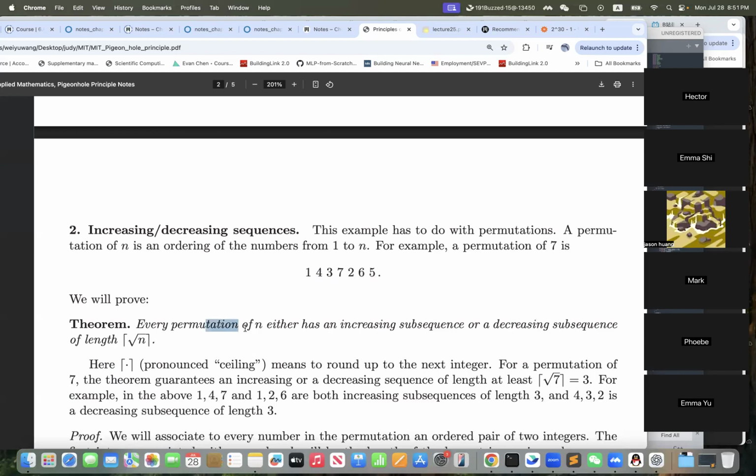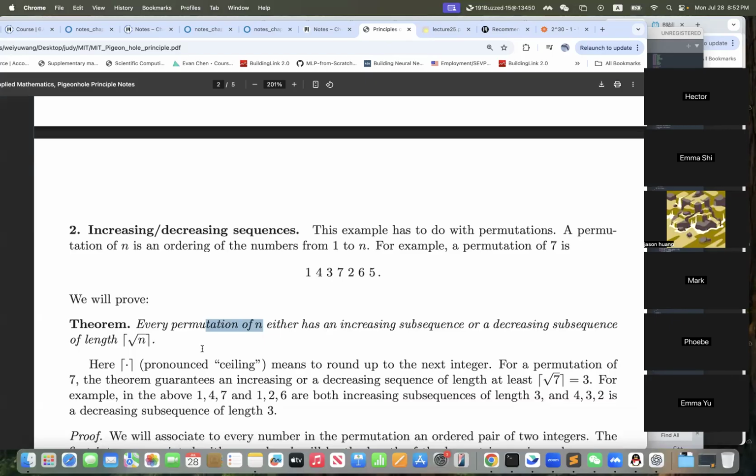So the problem is trying to prove that there exists an increasing subsequence of length more than root n, right? So it's trying to prove that out of any permutation, you can reorder it to something really ugly or really random.